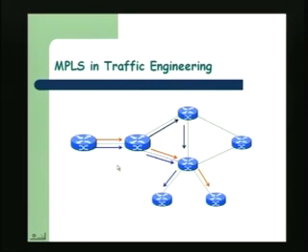So, here is an example of this, where these are all label switch routers. For example, there may be some traffic going from this node to this node. In a constraint based routing algorithm, you may select some traffic to go on this link, and that may be an optimal path for this, but some traffic may get diverted onto this link.